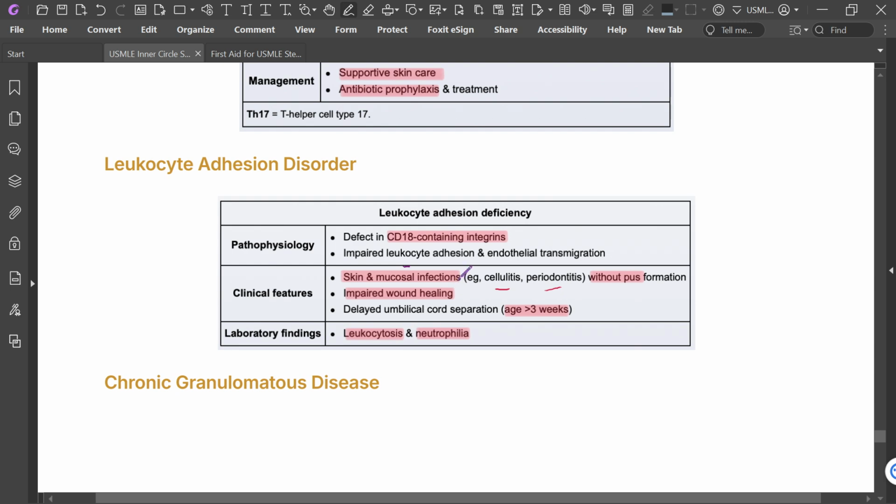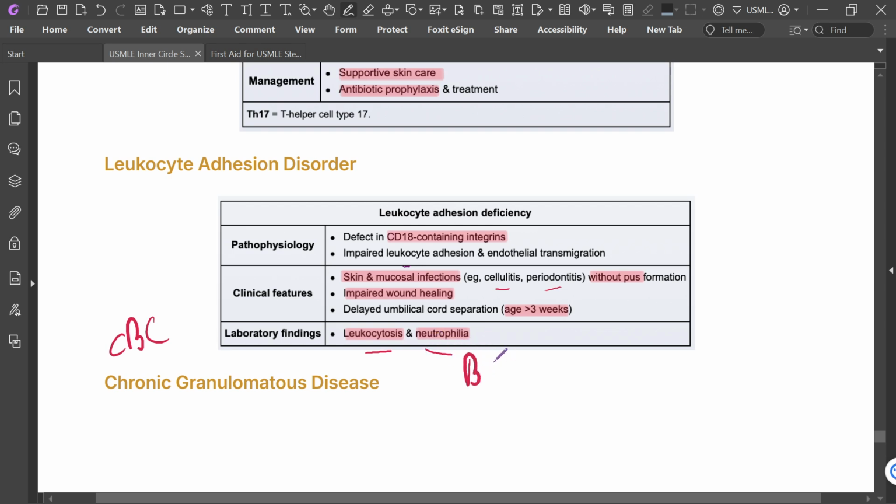Impaired wound healing and delayed separation of the umbilical cord, more than 3 weeks. If we do CBC, there is leukocytosis and neutrophilia.